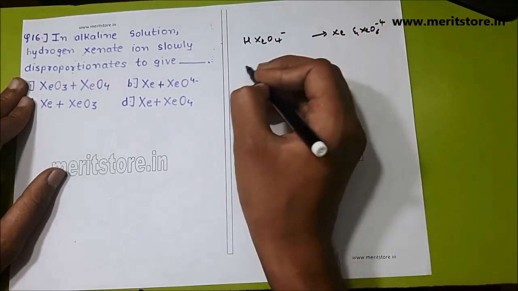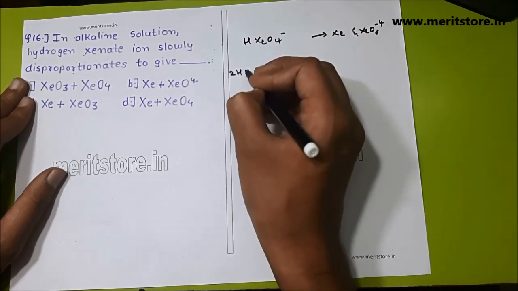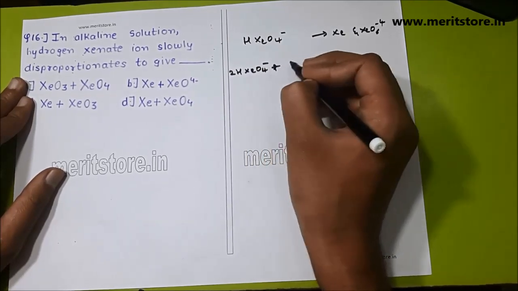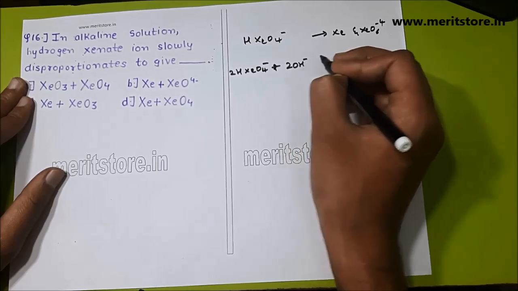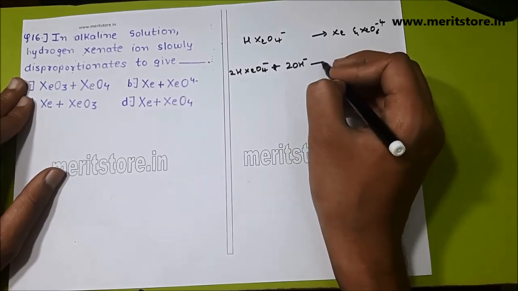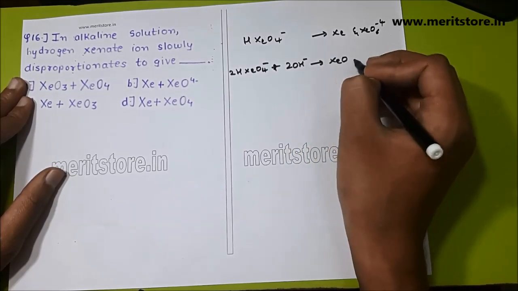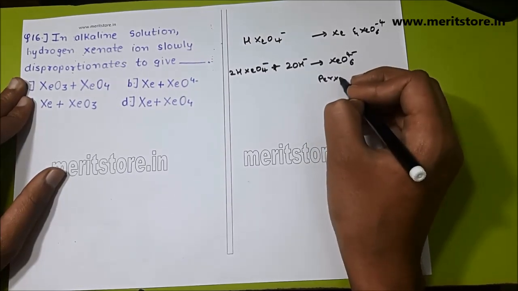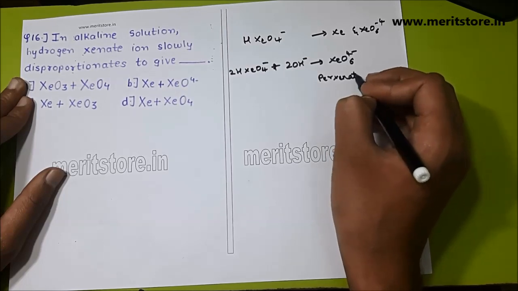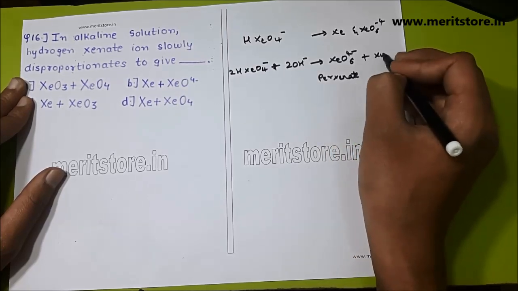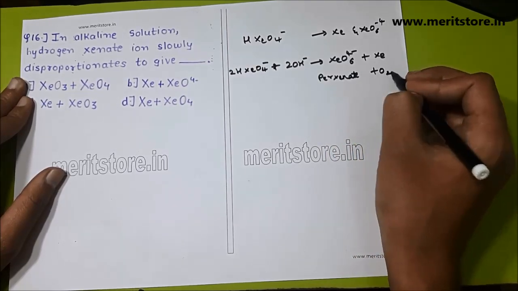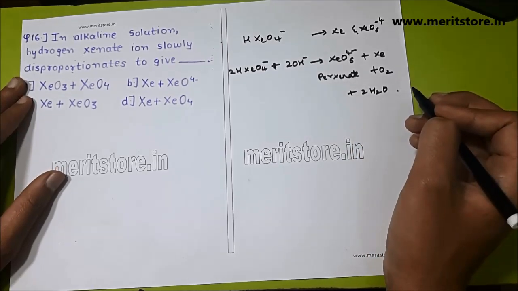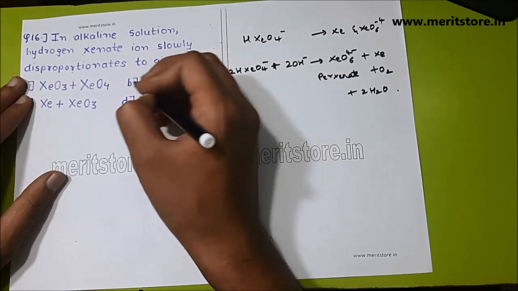The given equation will be 2HXeO4 minus plus 2 hydroxide ions will give XeO6 4 minus, this is perxenate ion, plus Xe xenon plus O2 oxygen plus 2 moles of water. So option B will be the correct option.